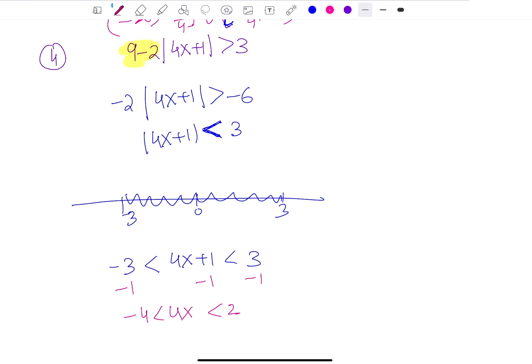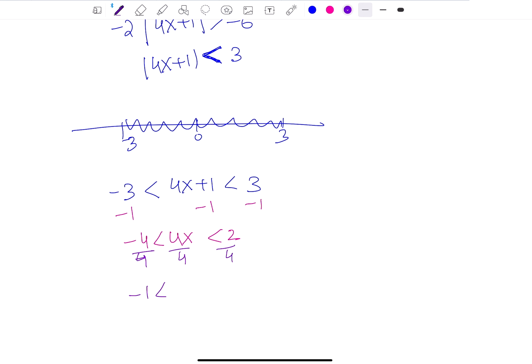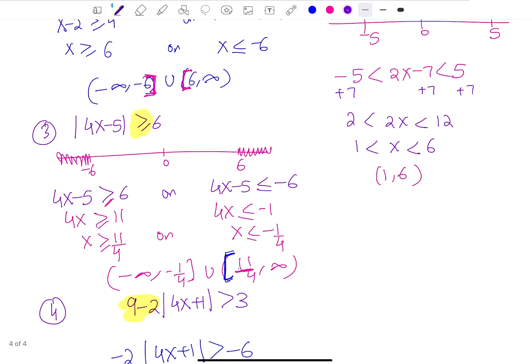Divide everything by 4, and negative 1 is less than x is less than 1/2. So my solution in this case is negative 1 to 1/2. All the numbers between negative 1 and 1/2, not including negative 1 and 1/2, will make this inequality true.